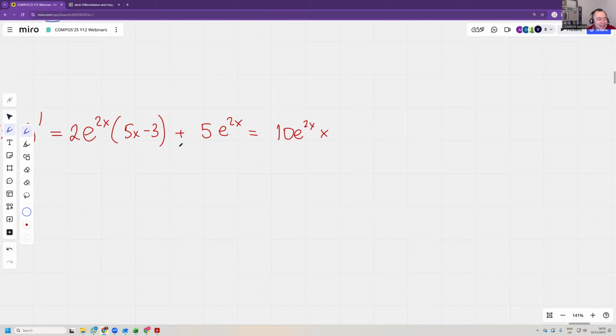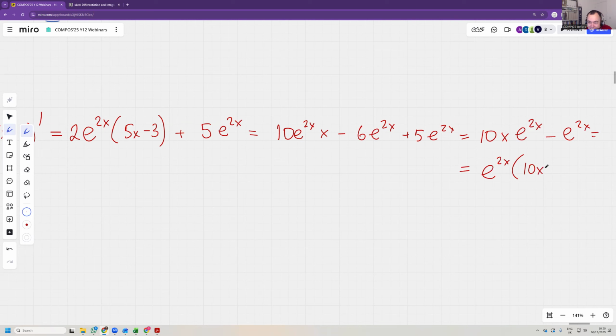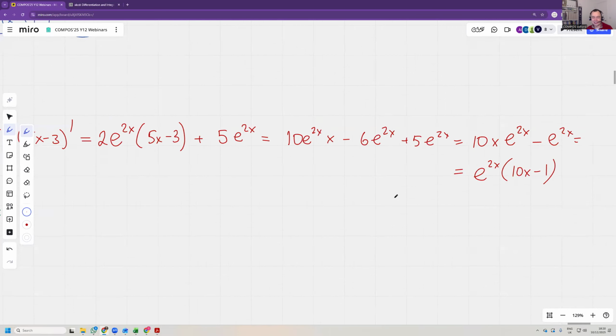So 10e to the x times x minus 6e to the power 2x plus 5e to the power 2x, which is 10x e to the x minus e to the x, can be written as e to the power 2x, open bracket, 10x minus 1. Okay, that looks slightly better.